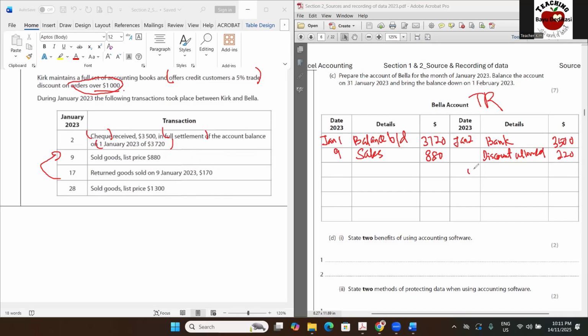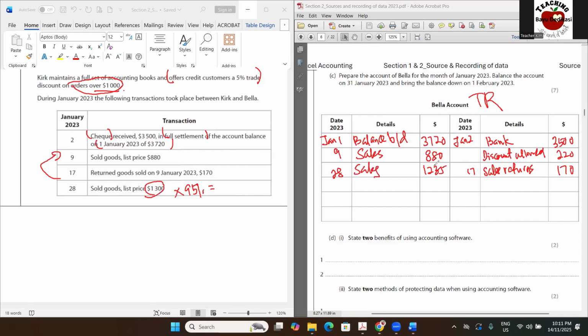So on the 17th, this is a sales return, 170. Okay. On the 28th, this time, because this is more than 1,000, we have to calculate what is the amount after the discount. So 1,003 times 95%. So we get 1,235. So this is with the discount, sales.